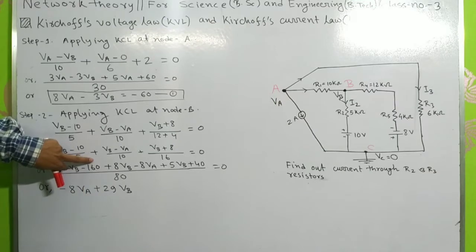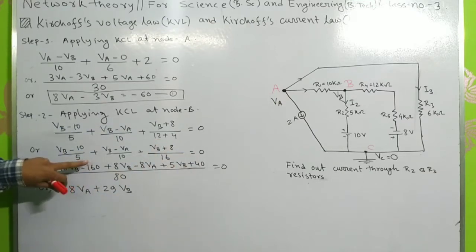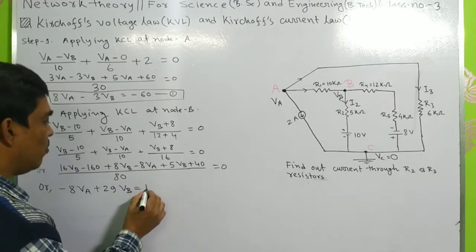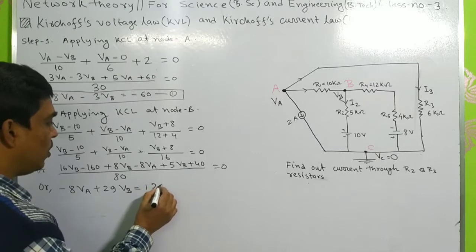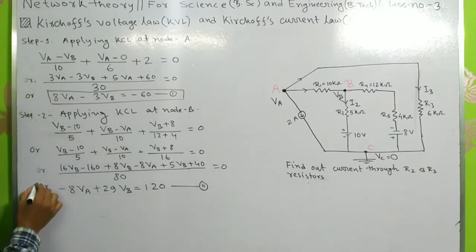Minus 160 plus 40 is minus 120. Taking this to the other side, it will be 120. So this is KCL equation number 2.